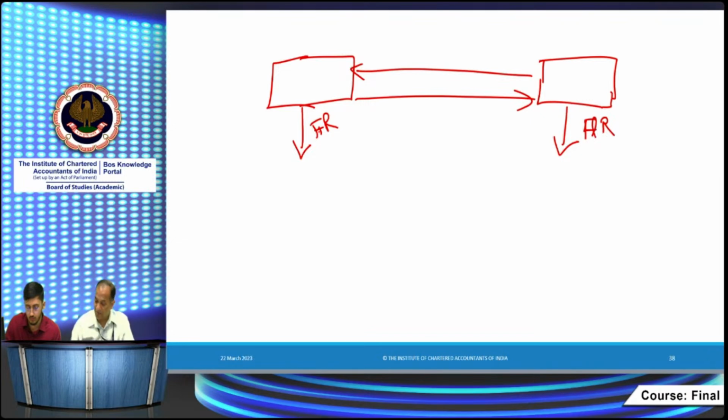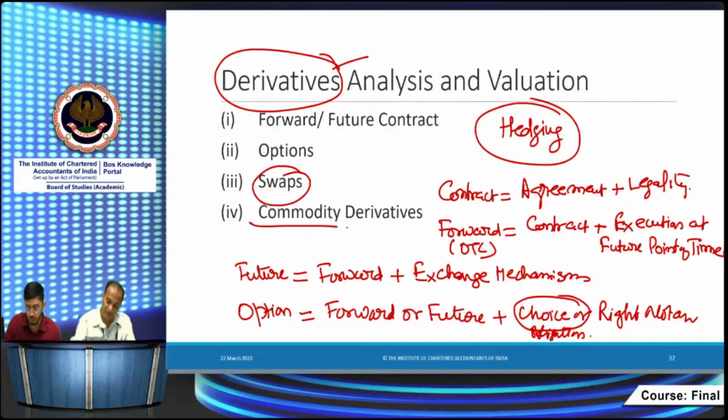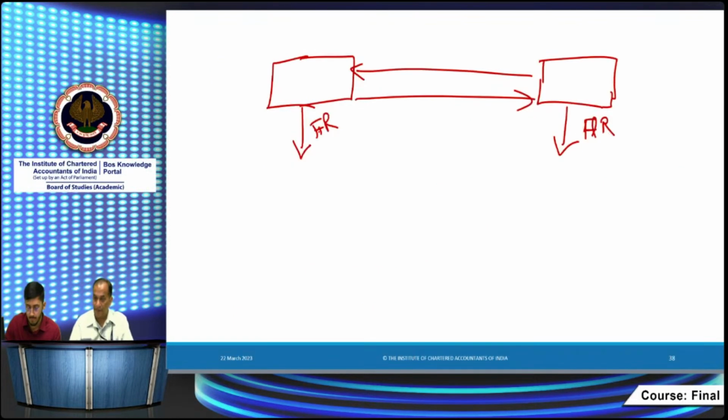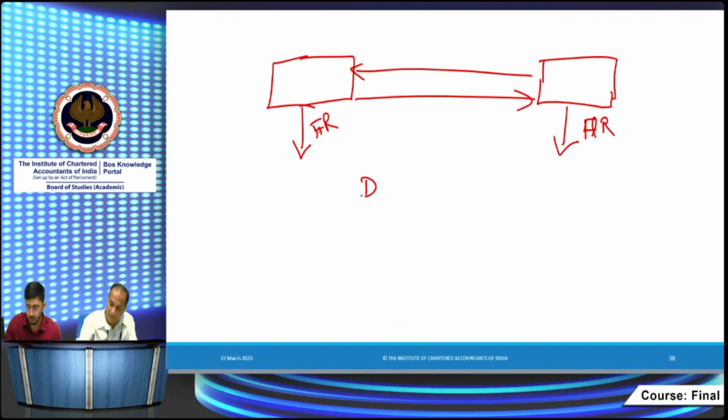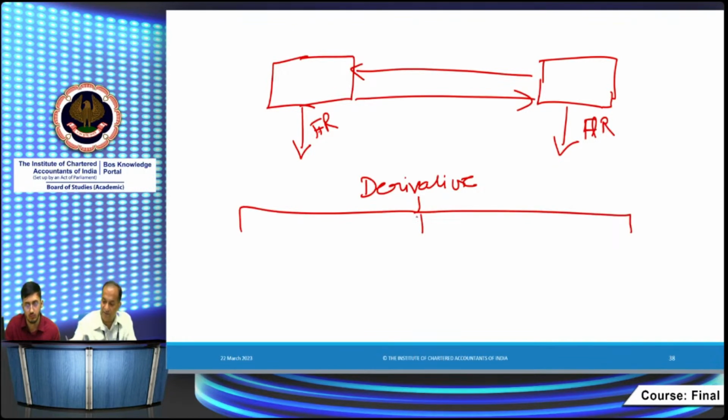The topic is the commodity derivative. When we talk about derivatives, one important aspect is the underlying, because for every derivative there is some underlying.